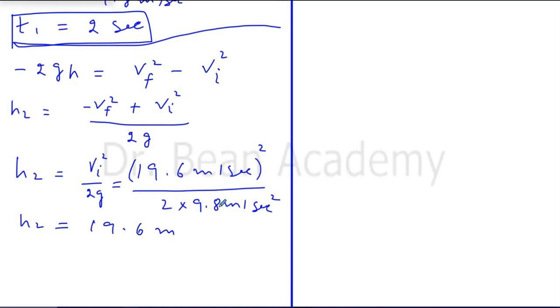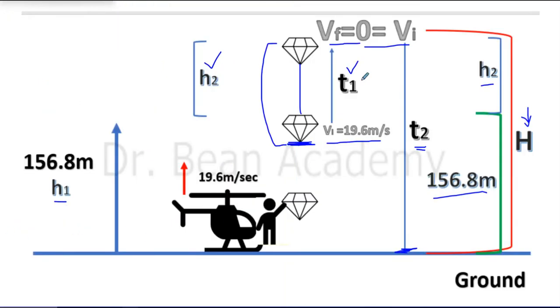Okay, so now we can go to the downward motion of the stone. The downward journey started where the first journey ended. So at the beginning, Vi equals 0. The final velocity of the first journey becomes the initial velocity of the second journey. Vi is equal to 0.